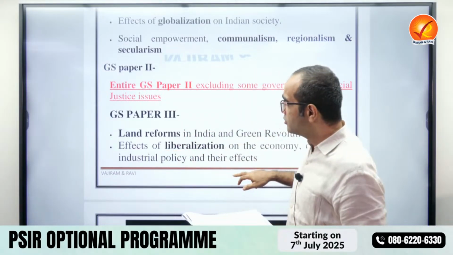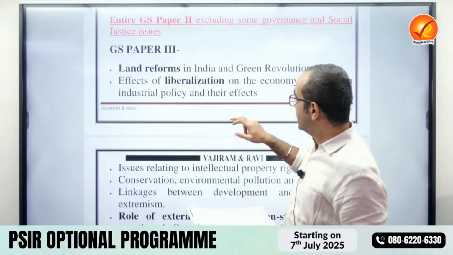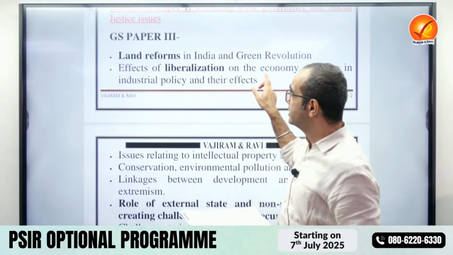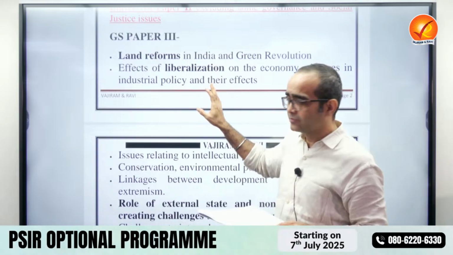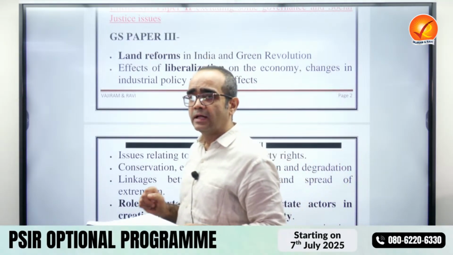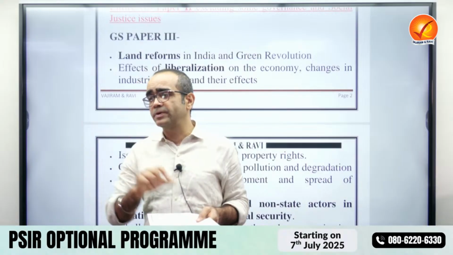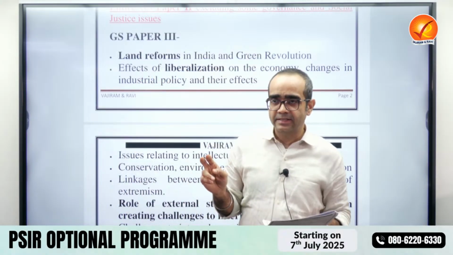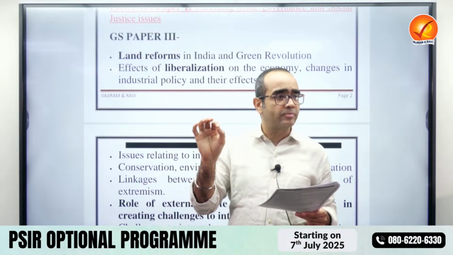Now talking about GS paper 3. Again, the effect of liberalization of the economy and changes in industrial policy, which I have already referred to, and you can see land reforms in India and the Green Revolution. Again, come to page number 7, topic number 8. It starts with planning and economic development.